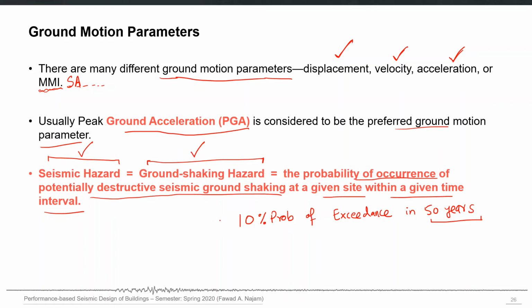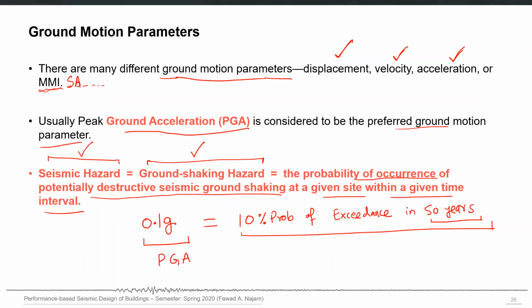So for example, if I say 10% probability of exceedance in 50 years corresponding to this definition of seismic hazard, let's say my number is 0.1 g, this is the peak ground acceleration.